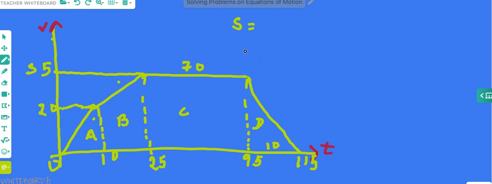So for A, let me clean this. We don't need this one yet. So the area under A is going to be the area of a triangle, and that is A equals half base times height.